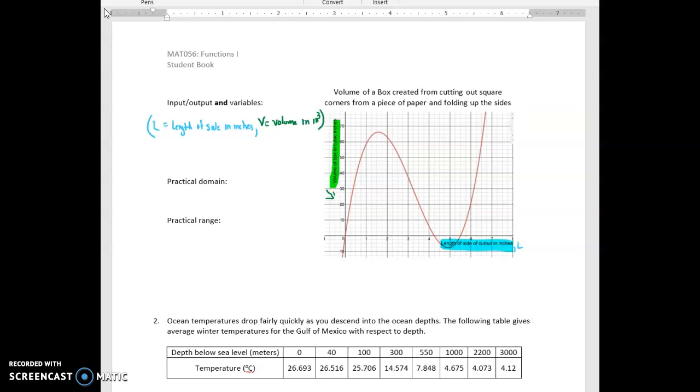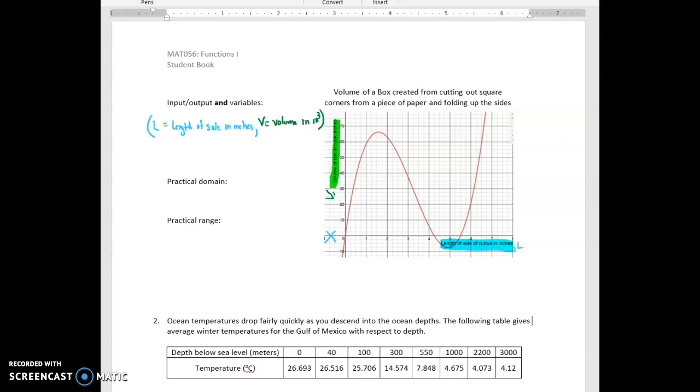Okay, so now our practical domain. For this problem, we want to think a little bit more. Can the length of the sides be negative? Well, we're talking about inches, so this is not possible. Anything over on the negative side for our inches is not possible. So we're going to start with 0, and volume is going up, and then volume comes back down based on those inches.